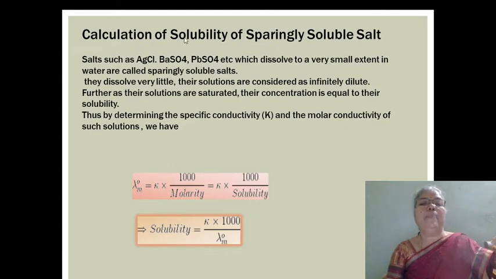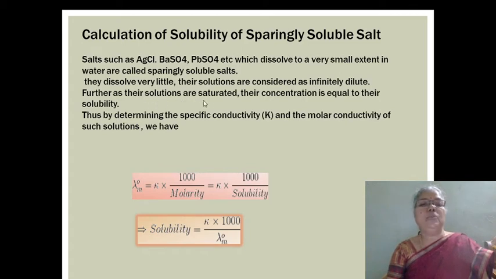With the application of Kohlrausch law, we can determine the solubility of the sparingly soluble salts, and it is again a very simple method. Here, these salts dissolve very little in water and their solutions are considered as infinitely diluted.